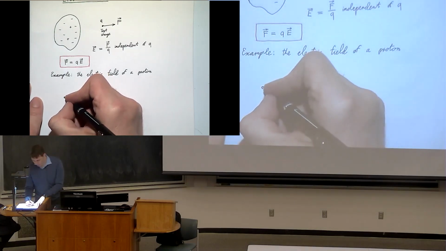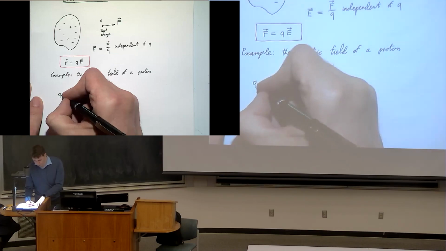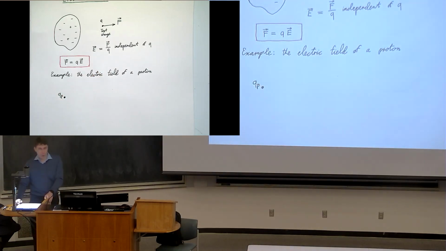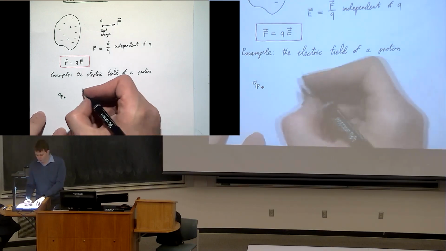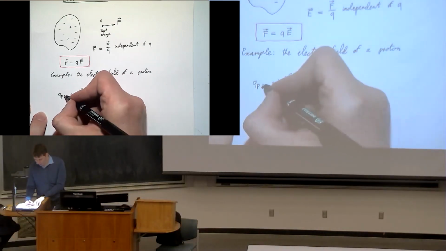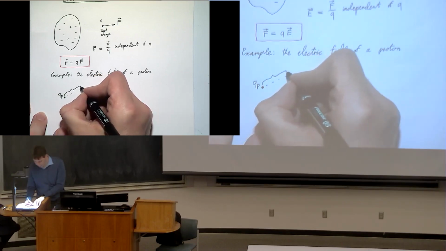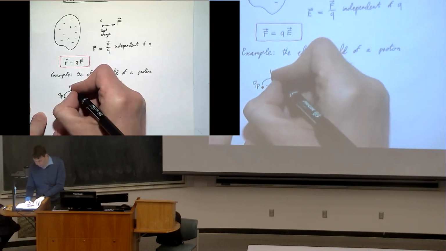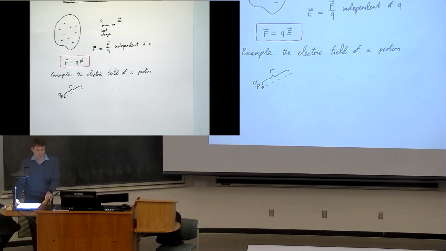So let's say this is our proton. Its charge is Qp, as we know it. And we consider some point distance r away from this proton.